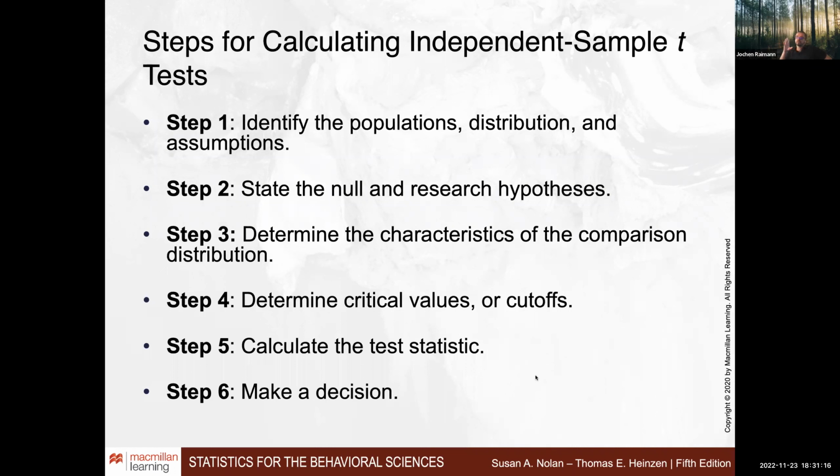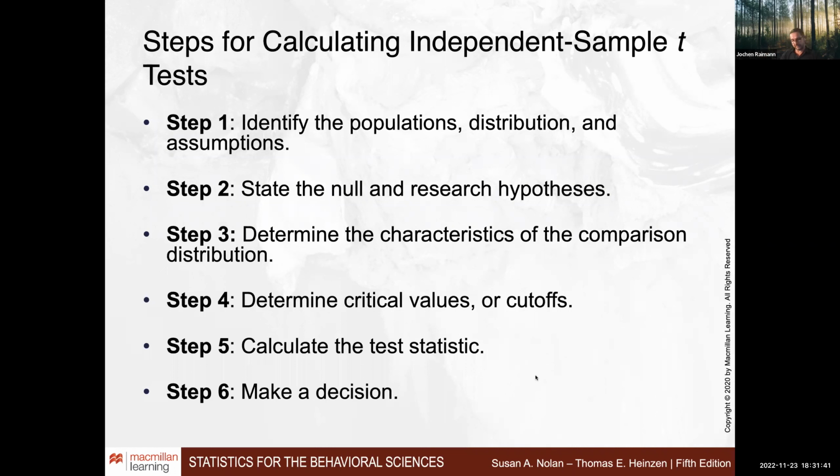We have a null and a research hypothesis. Basically the null hypothesis, again, tells us there's no difference between those two groups, whereas the research hypothesis tells us that there is a difference. The same principle applies. It can be a two-sided test or it can be a one-sided test. If we're hypothesizing a directional difference, you would utilize a one-sided test.